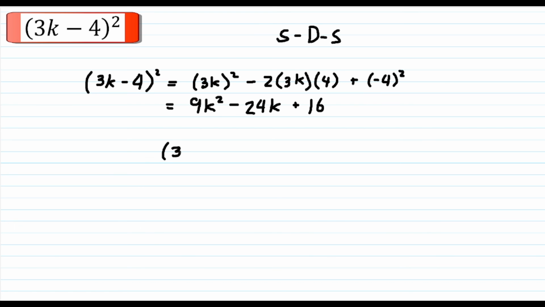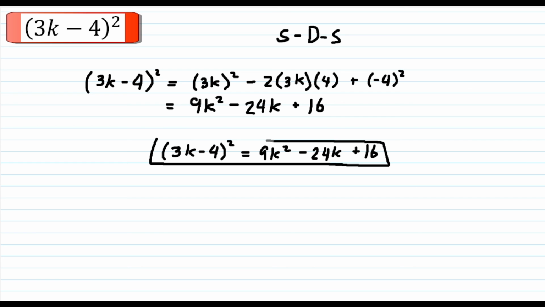So, the square of 3k minus 4 is 9k squared minus 24k plus 16. So, that is our example number 6.